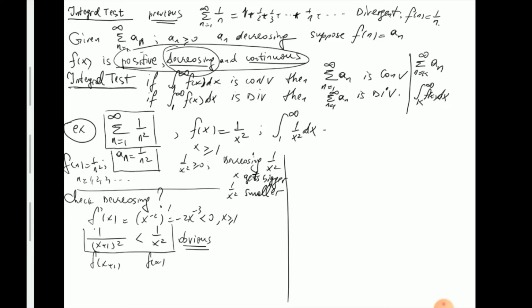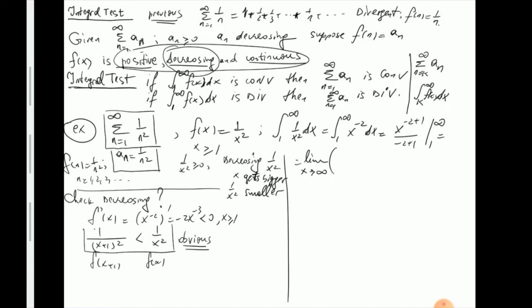And this is just the power rule, x to the minus 2. This gives me x to the minus 2 plus 1 over minus 2 plus 1 between 1 and infinity. Remember, when I say between 1 and infinity, when you plug in, quote unquote, infinity, you really mean taking the limit as x goes to infinity of the function itself.